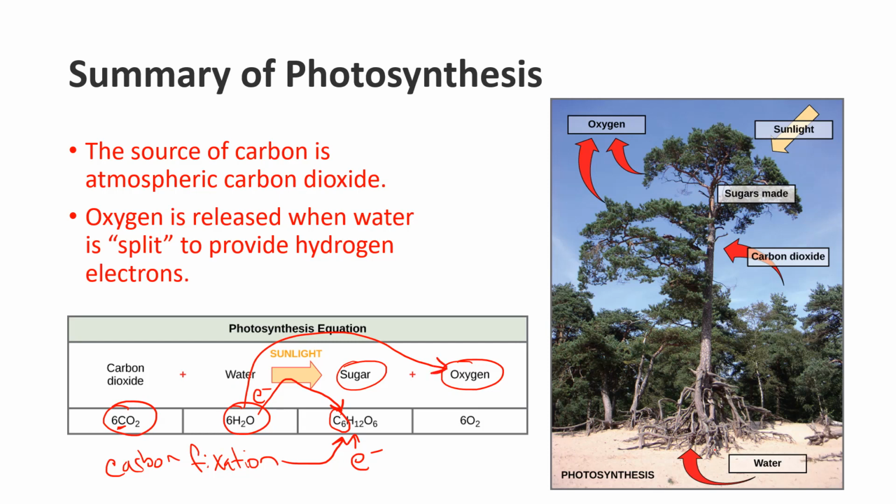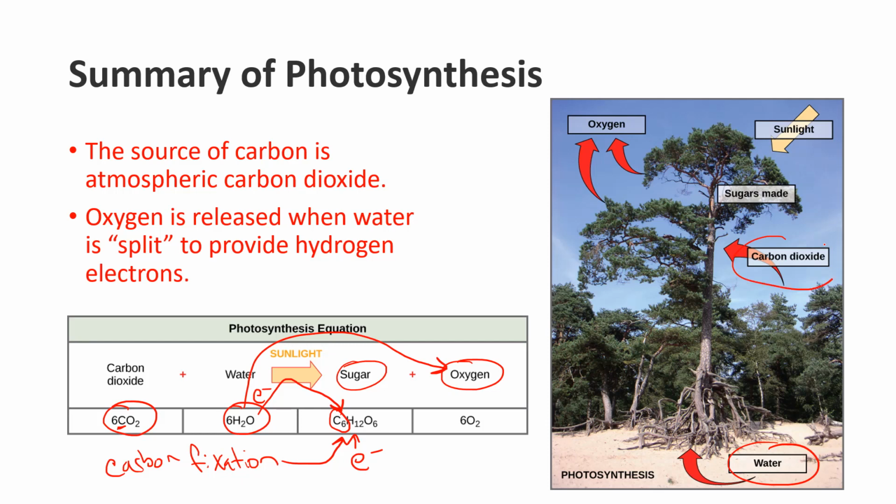So if you look at this picture over here, if we focus on plants, of course there are other photosynthesizers, lots of other photosynthesizers other than plants, like cyanobacteria and algae, which are photosynthetic protists. So the water in this case is going to typically be absorbed from the roots and be distributed throughout the plant.